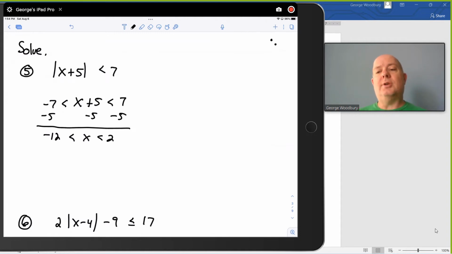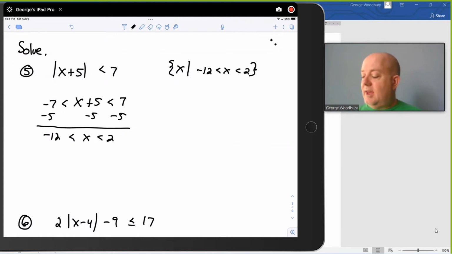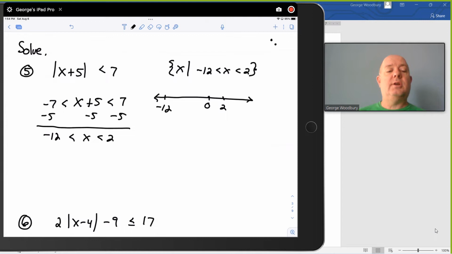And that's our solution. Now, these solutions can be presented in a few different ways. We can use set builder notation, the set of all x such that -12 is less than x is less than 2, which is basically what we just had. Then we can also take a look at a number line. There's 2, there's -12 to the left.